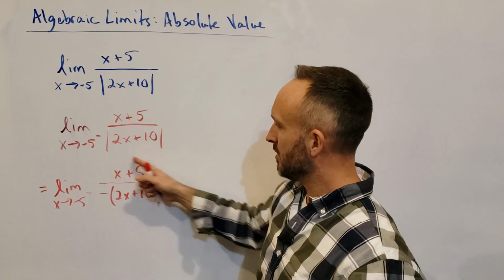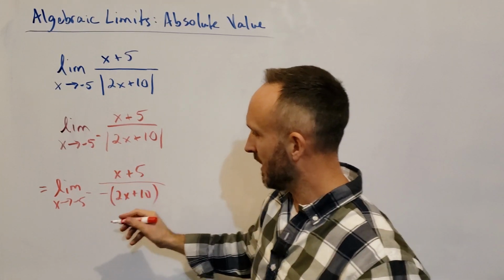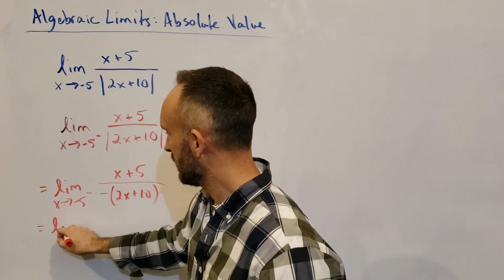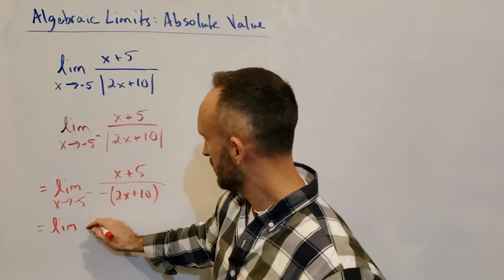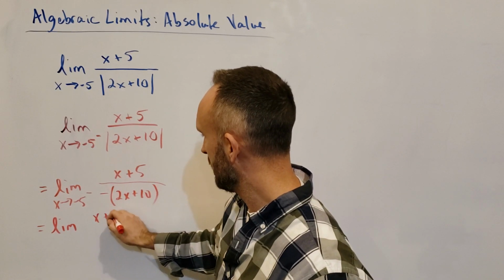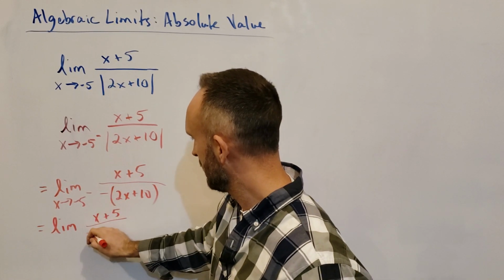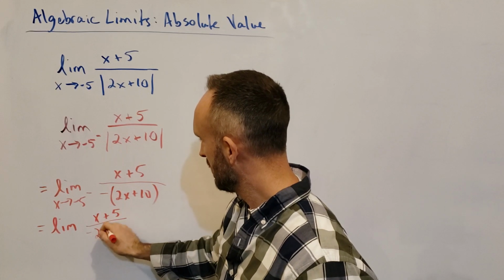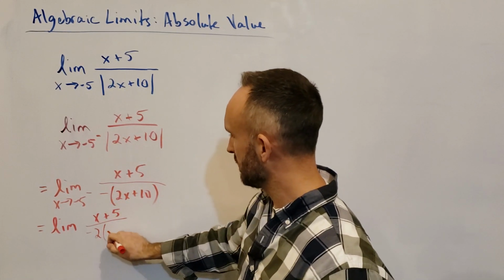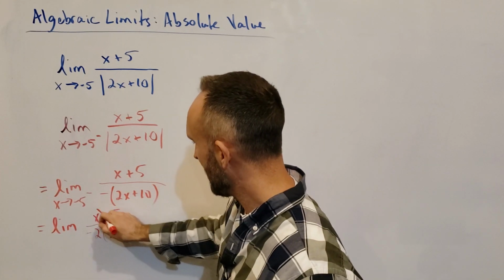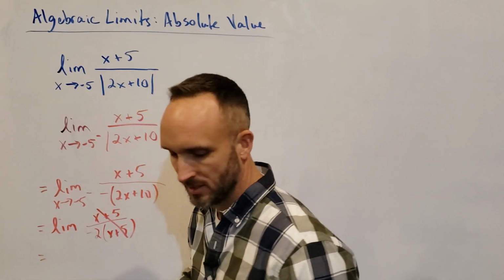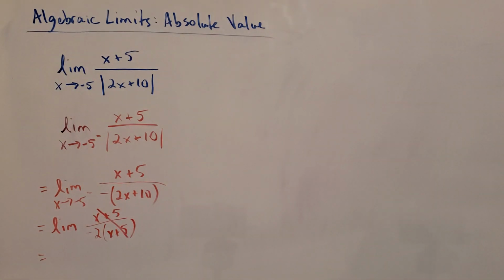Let's see if we can algebraically simplify this. So this will turn into the limit. We can pull a 2 out on bottom. So this turns into x plus 5 over -2. When you pull the 2 out, it turns into x plus 5. And now these cancel. And so we've got, let me make sure you can see what I'm writing. I don't want to go off the screen here. Okay, we're good.